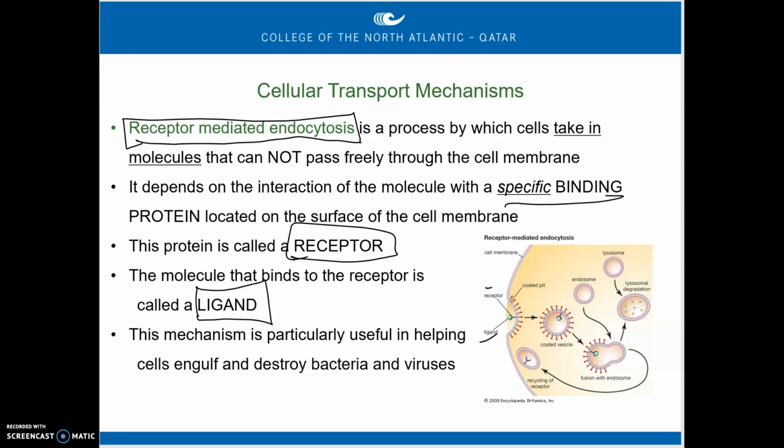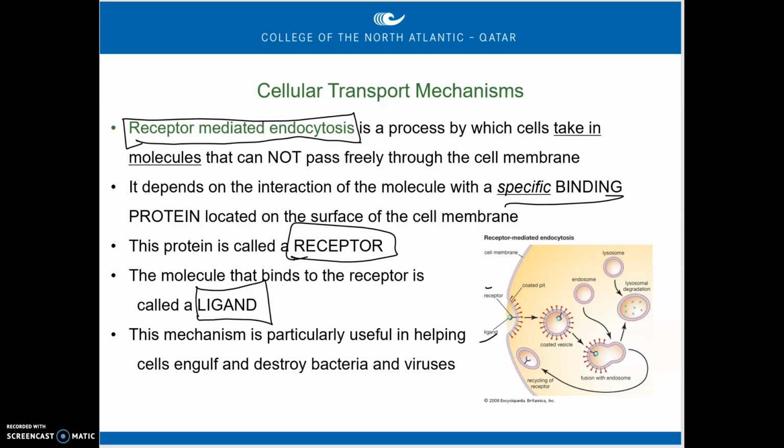Once the ligand attaches to the receptor, then the normal part of endocytosis will happen. The cell membrane will fold in and start to form a pit around that receptor and the ligand, and then the ligand is brought inside in the form of a vesicle.